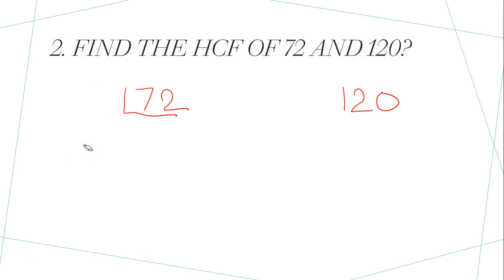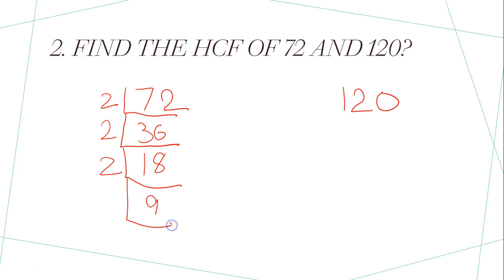We can see 72 is divisible by 2. 2 times 36 is 72. What can we divide 36 by? We can do 2 again, now this is 18. Can we do 2 again? Yes, 9.